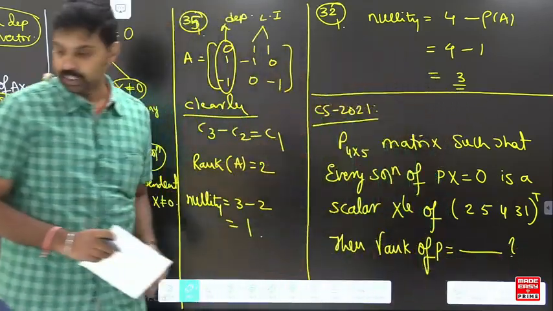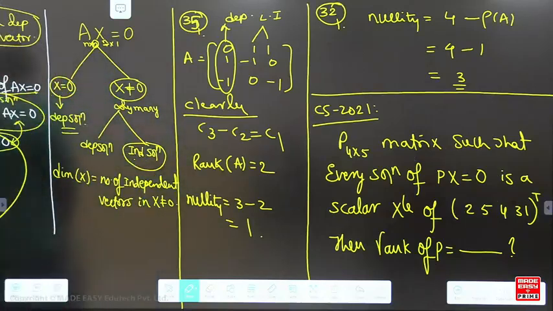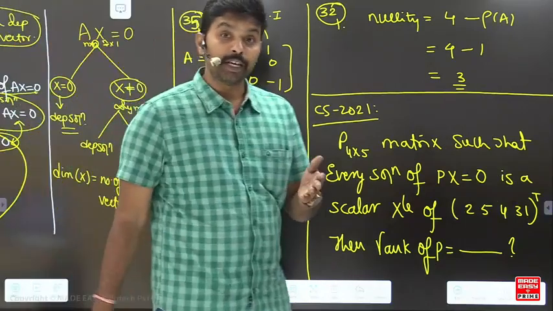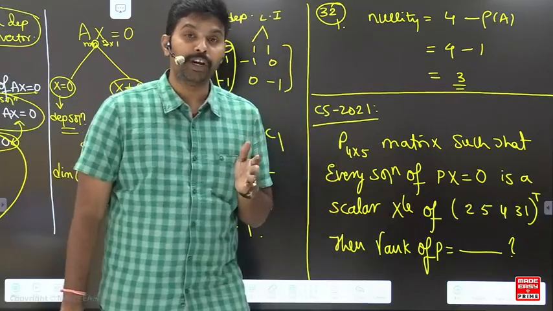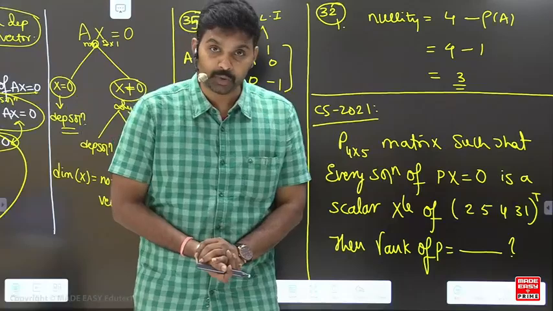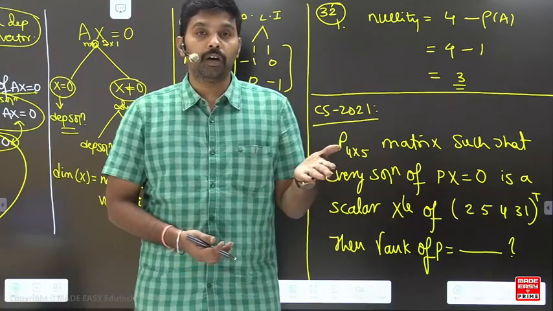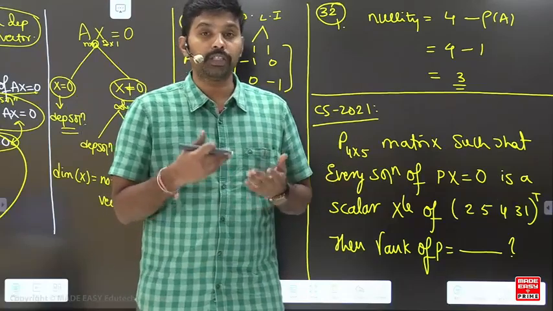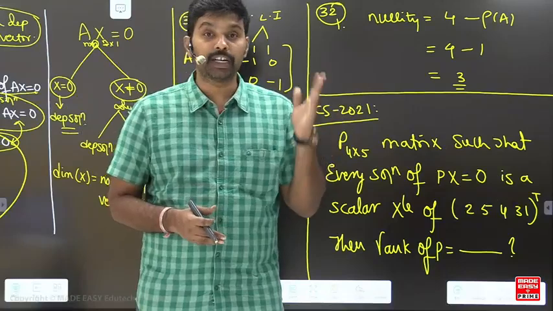So this is the computer science question, my dear. The concept of a basis and the number of independent vectors is very important for computer science students, because it is a very good concept in the case of data science.